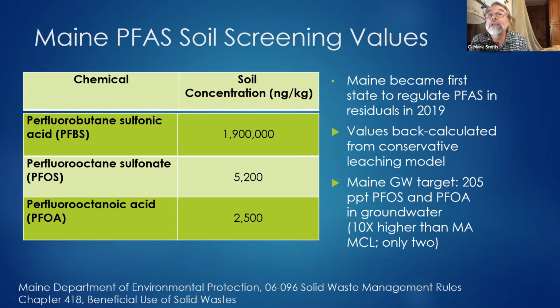The target soil concentrations, which would be the concentration of the PFAS in the soil after repetitive applications, are listed in this table in parts per trillion or nanograms per kilogram. So this is an example of an approach relying upon a fairly conservative leaching model, with different target concentrations in groundwater in Maine. Next slide, please.